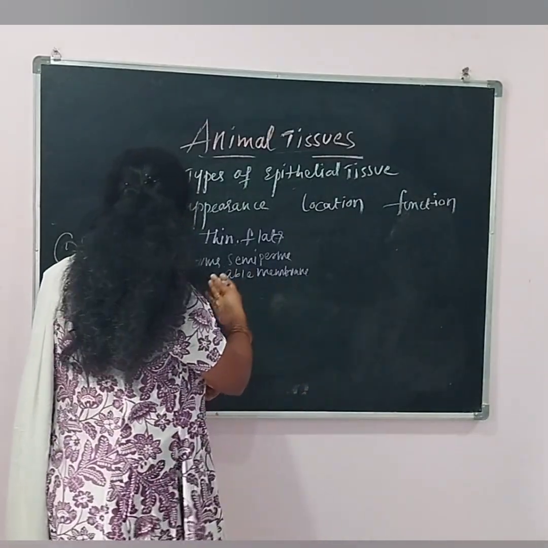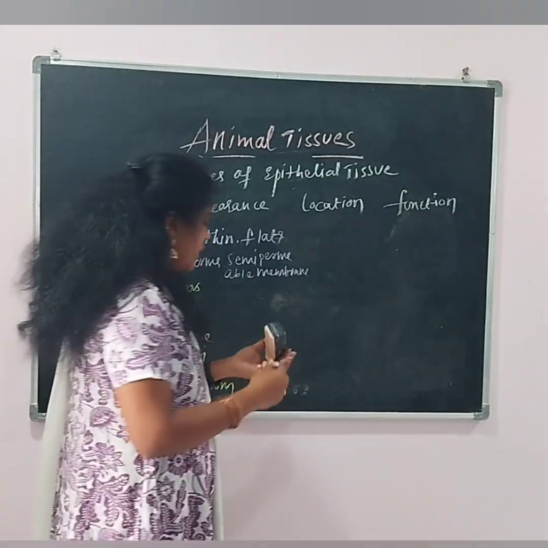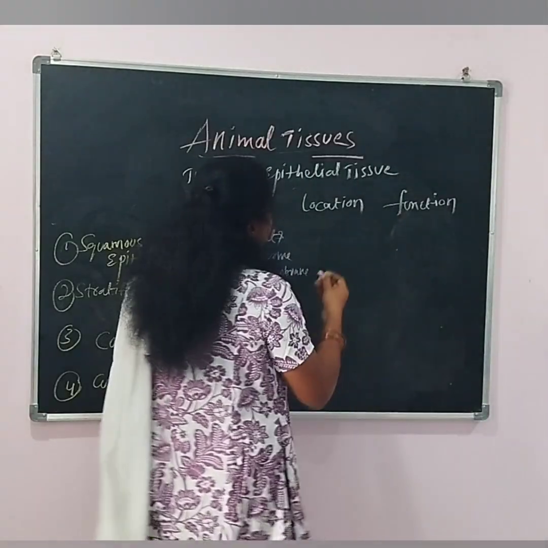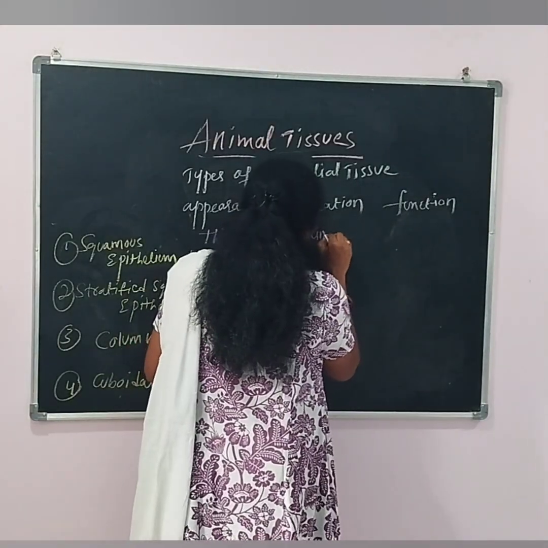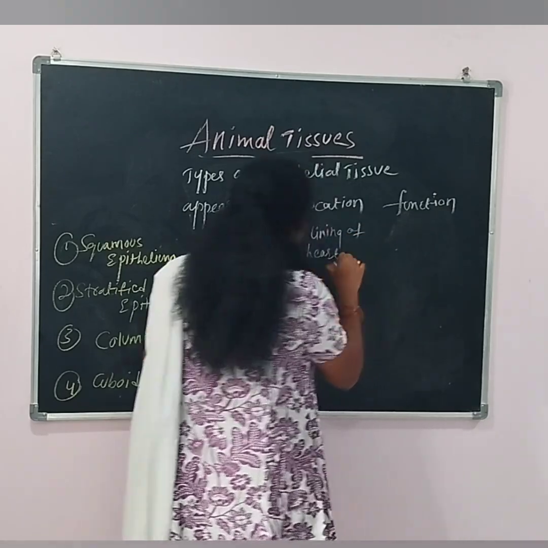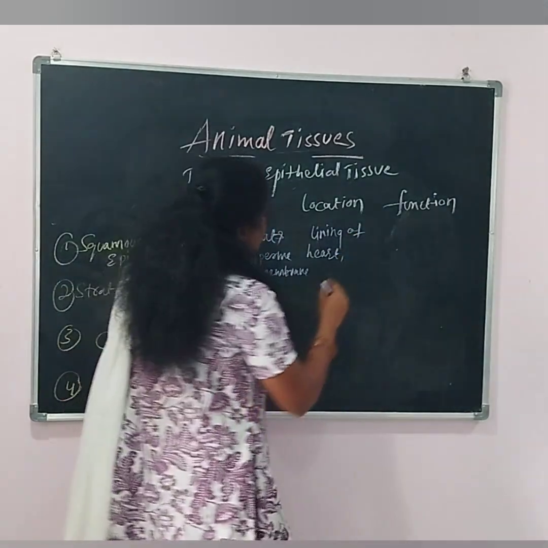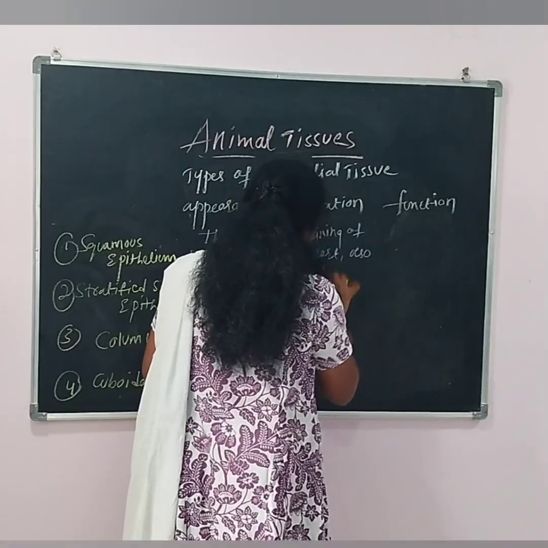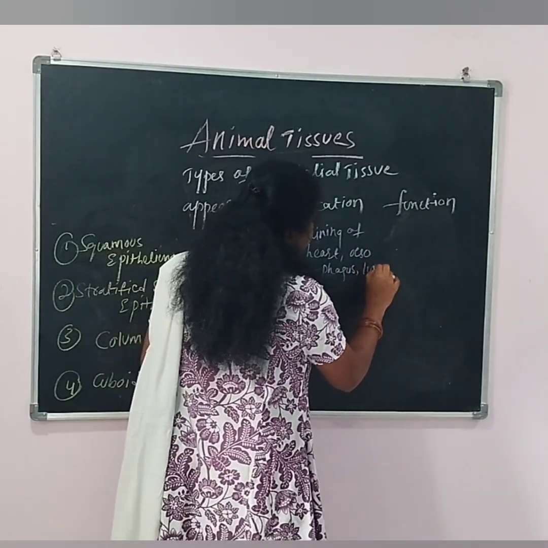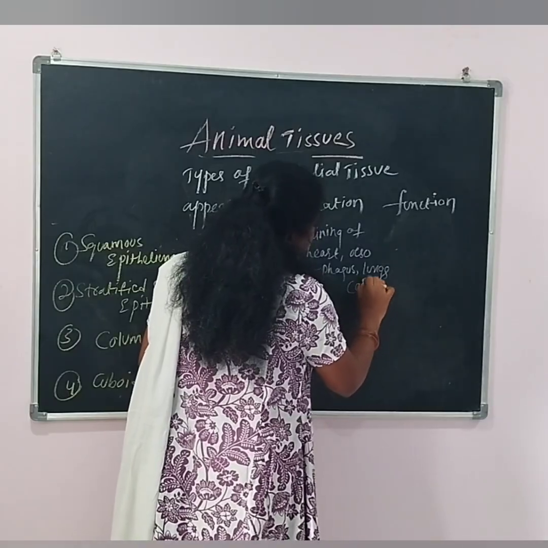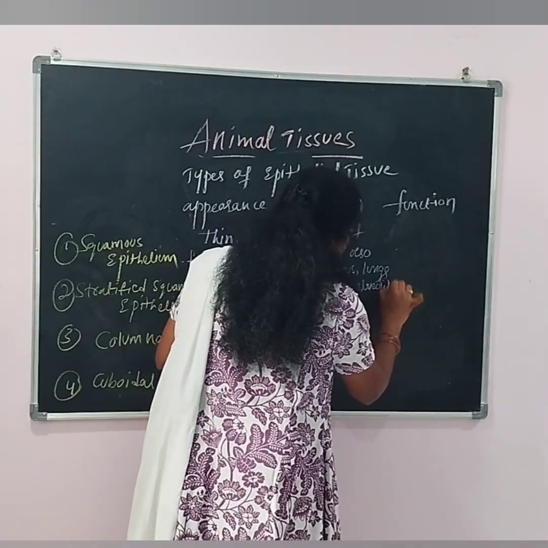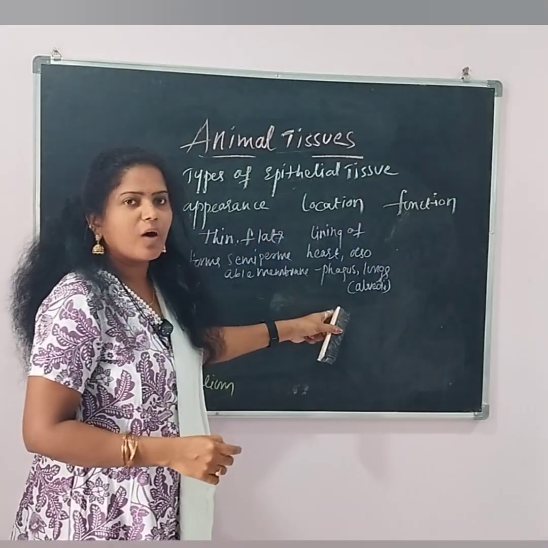And here, location. Where can we find the squamous epithelium? We can find it in the lining of the heart, walls of the heart, esophagus, alveoli of lungs, and the inner lining of the mouth.